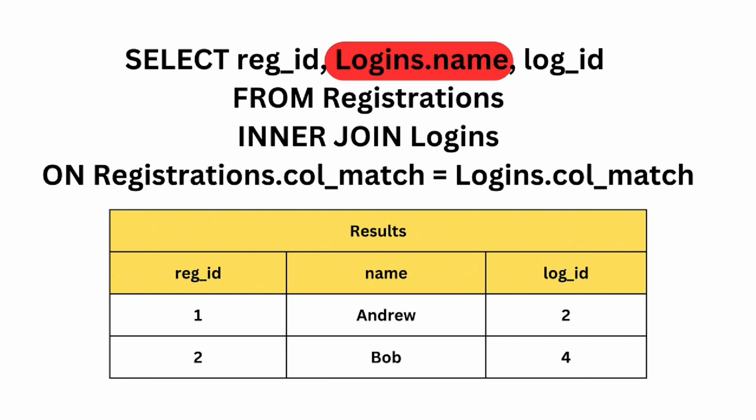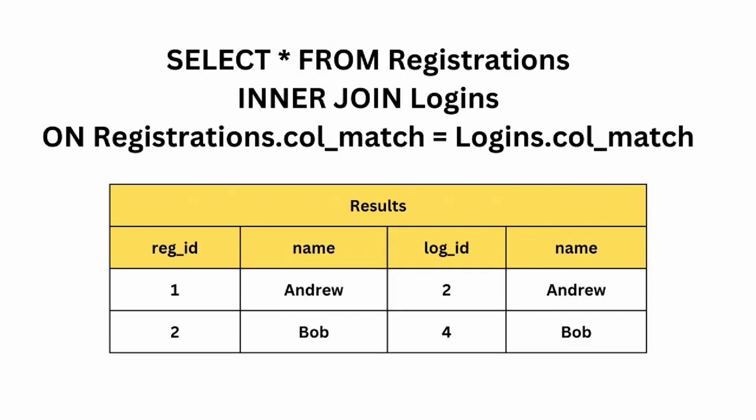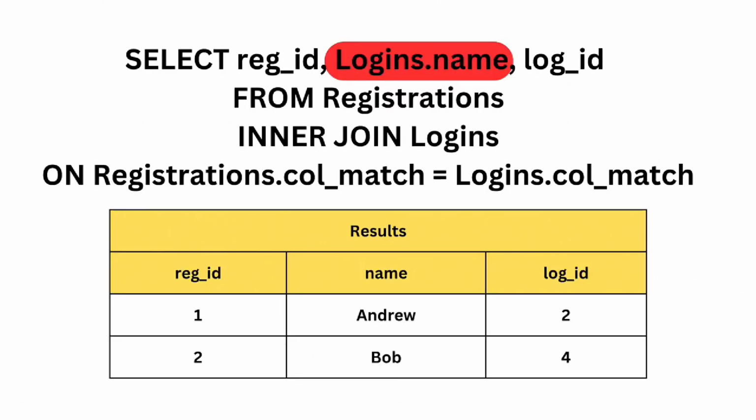I could have said registrations.name or logins.name, but I should be specifying because there's a duplicate name column in my SQL query. I should be specifying what actual column I'm looking at. Because recall, here we had both the name column from registrations and the name column from logins. So if I only want one of those, because it's duplicated, I'll specify that I'm looking at logins.name column.